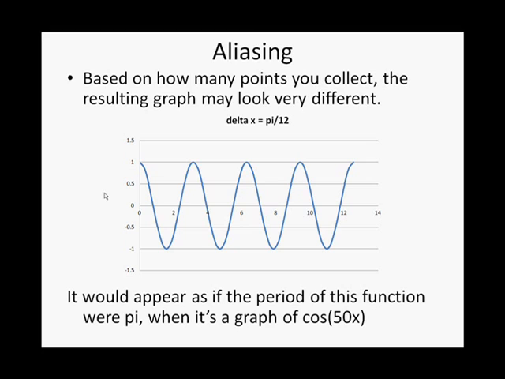So the fact is, if we don't take our data points close enough, then unfortunately our graph will look wrong. And of course, if the points on the graph come out wrong, we're going to make the wrong conclusion based on what's happening there.